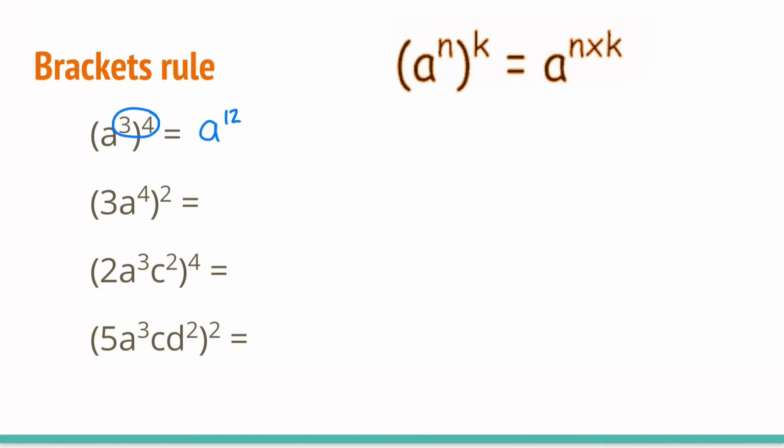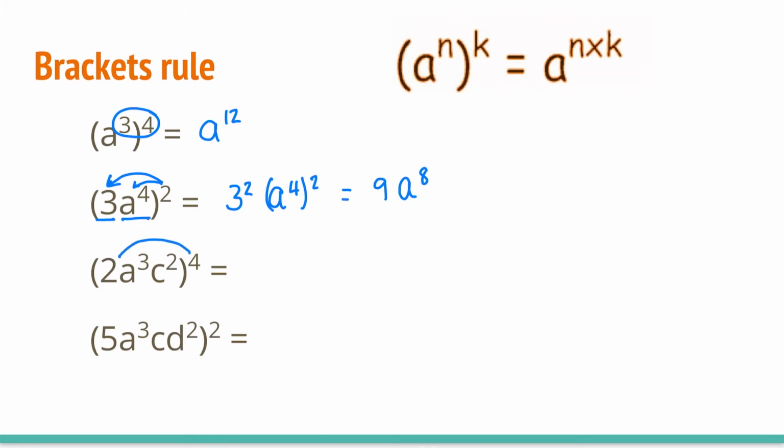And then the next one, I need to remember that the squared happens to both things in the bracket. I've got a 3 and an a to the 4, so I've got 3 squared, and I've got an a to the 4 squared. So that then gives me 3 squared is 9, 3 times 3, a to the 4 to the power of 2 gives me a to the power of 4 times 2, which is 8.